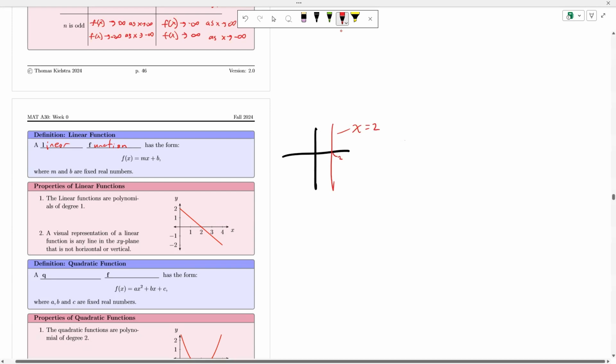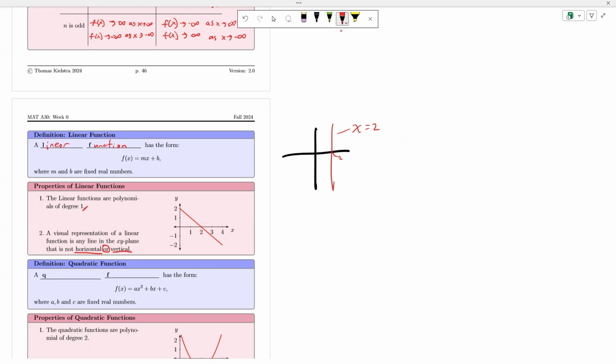Now, linear functions are polynomials of degree 1. And a visual representation of a linear function is any line in the xy plane that is not horizontal or vertical. Because remember, the horizontal lines are our constant functions, and the vertical lines aren't functions because they don't pass the vertical line test.